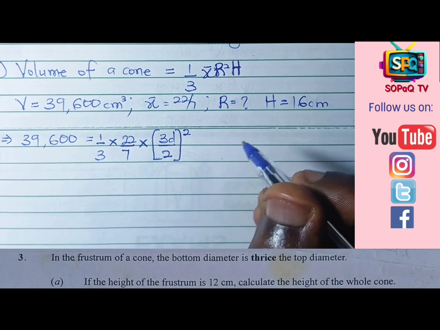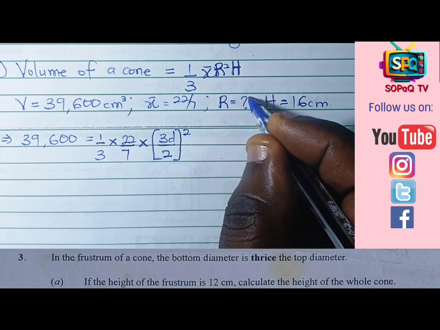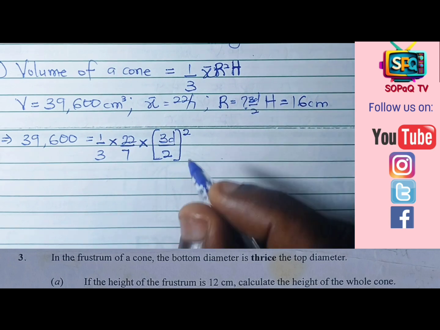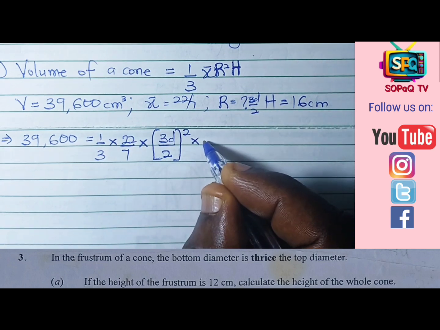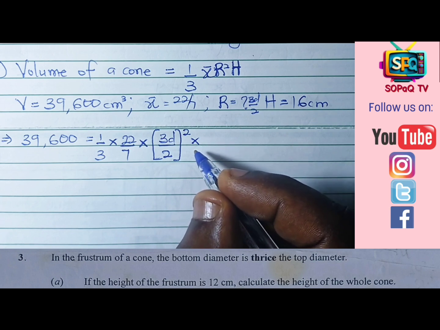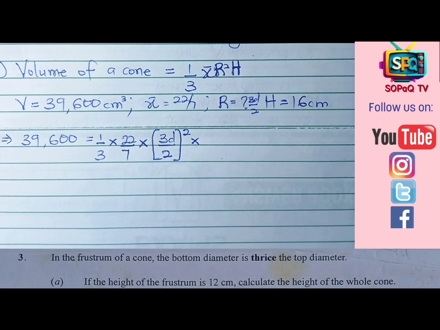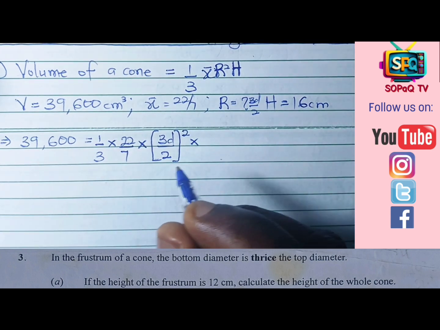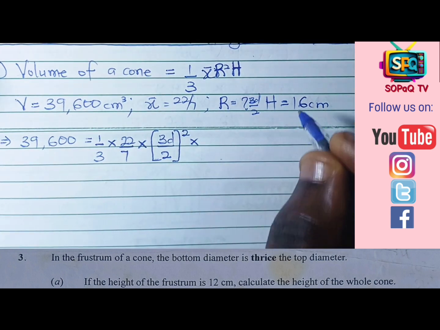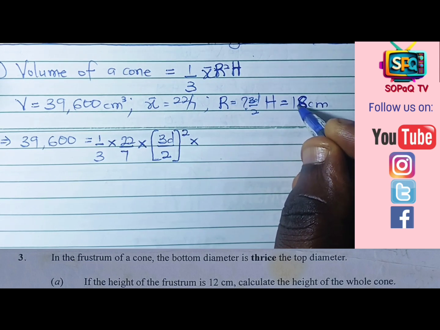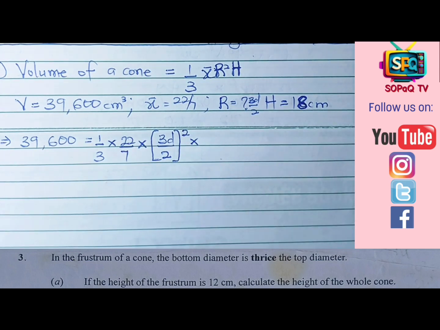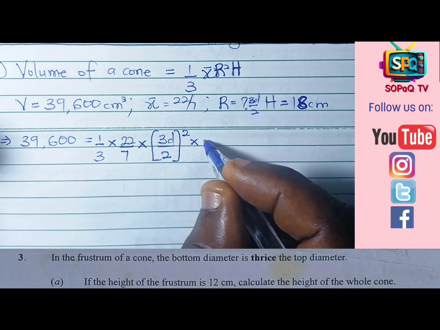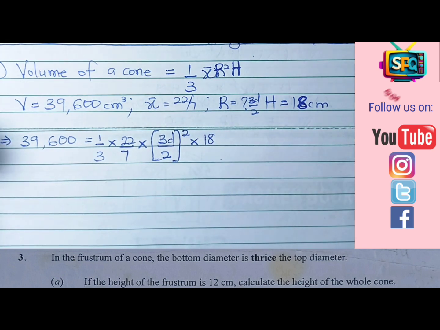Yes, so 3d on 2, that's our r squared. And then we shall multiply through by our h. The h was 18, sorry. Let's correct that one. And so times 18.